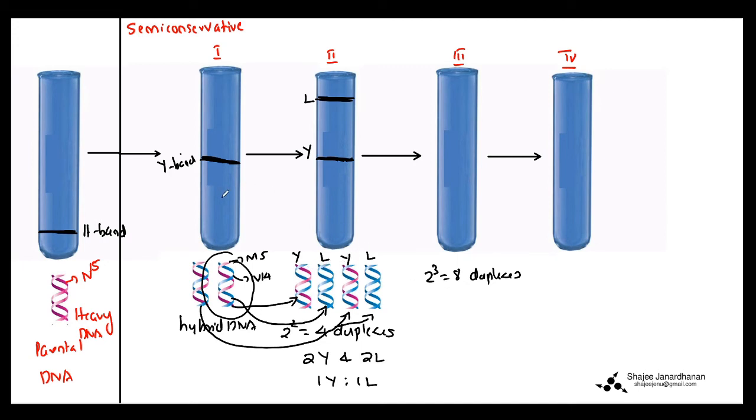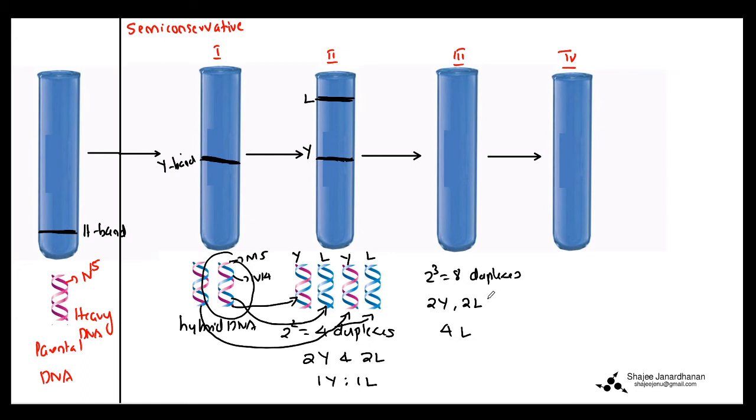We have already seen from the first to second generations that 2 hybrid DNA can result in 2 hybrid and 2 light. So definitely you are going to get 2 hybrid and 2 light from the hybrid duplexes, as well as from the lighter duplexes you are going to get 4 light DNA. So totally 8 duplexes.